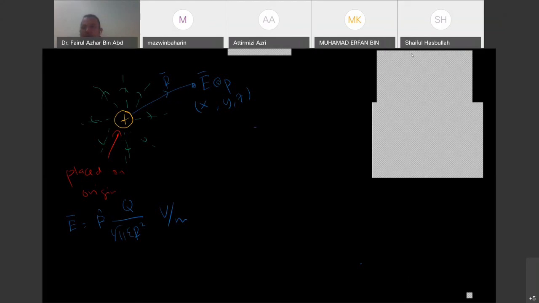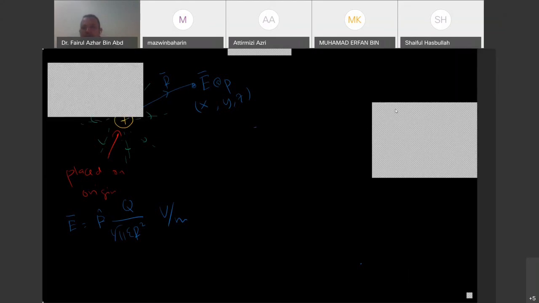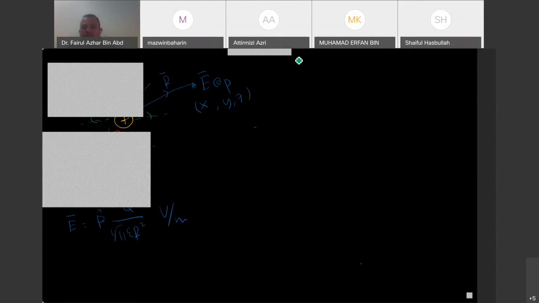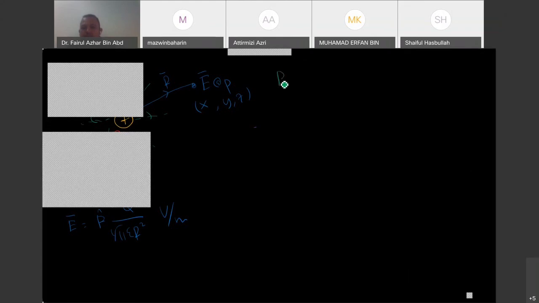The vector R can be derived as follows. Because the vector R travels from the origin to the coordinate x, y, z, it can be represented as x cap x plus y cap y plus z cap z.